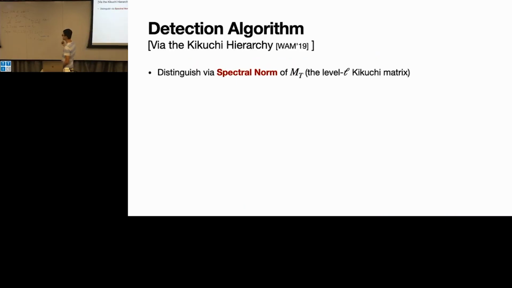So I claim that this matrix is going to give us a distinguishing algorithm if we just look at the spectral norm of this matrix. Recall that the spectral norm, or operator norm, of a symmetric matrix is just the largest magnitude eigenvalue.